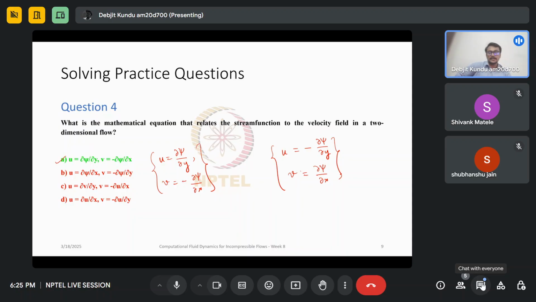If you remember the main philosophy behind this, it will be easier to remember. Stream function is kind of like the volume flow rate through a given area, or in 2D it will be a line.